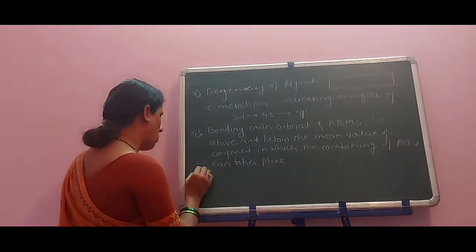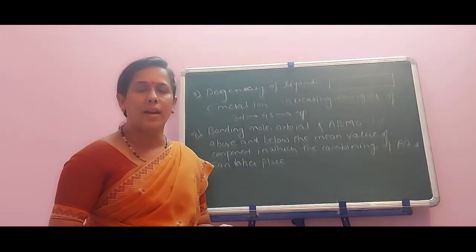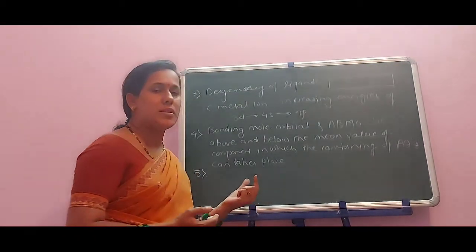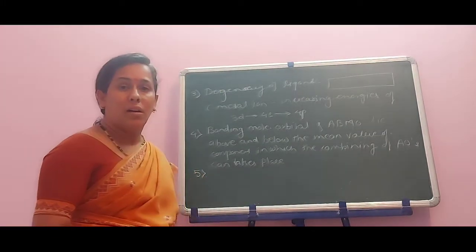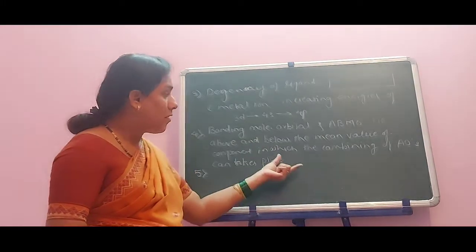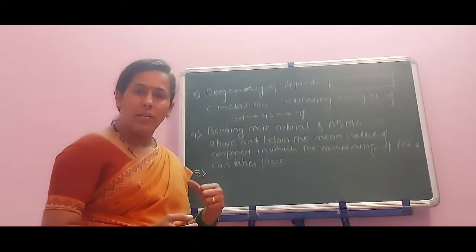Now, about the electrons present in the ligands and the electrons present in the metal orbitals. Which orbitals are nearer to the ligand orbitals, and which are nearer to the central metal ion orbitals?